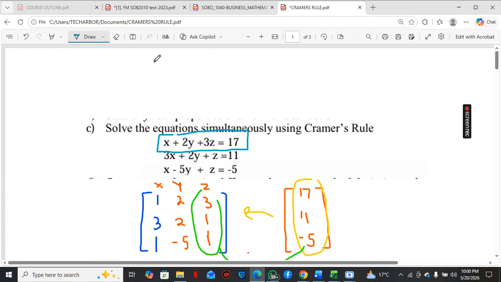Remember, x equals 1, y equals 2, so 2 times 2, and z equals 4.